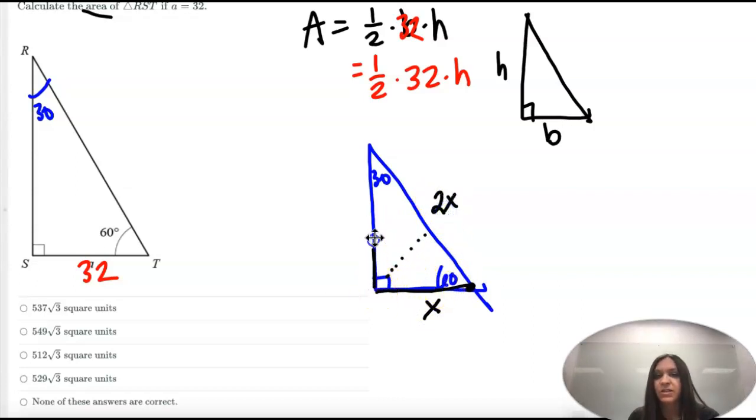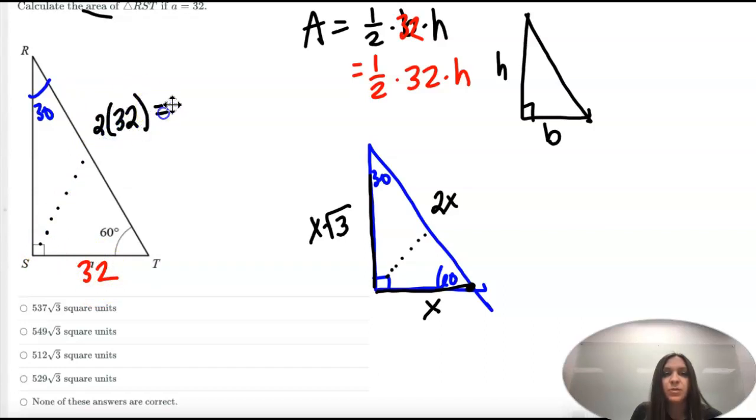And then the long side out to the 30-degree angle is that x value times the square root of 3. So if this is 32, the hypotenuse would be 2 times 32, which is 64. And then this long leg out to 30 degrees would be 32 square roots of 3. And that's what we need.